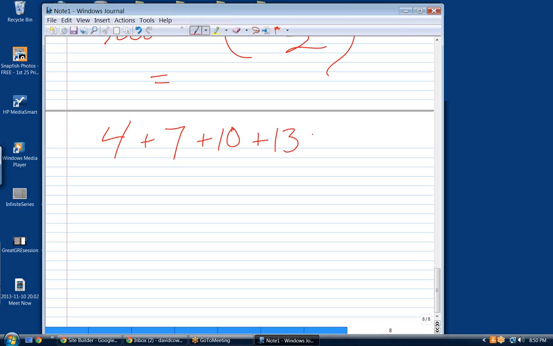This is not a sequence. This is a series. That means there's more terms in that series when I put dot, dot, dot, or actually it's one plus sign and then a bunch of dots. Find the sum of the first 30 terms.